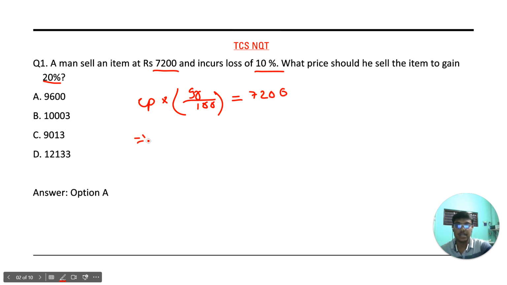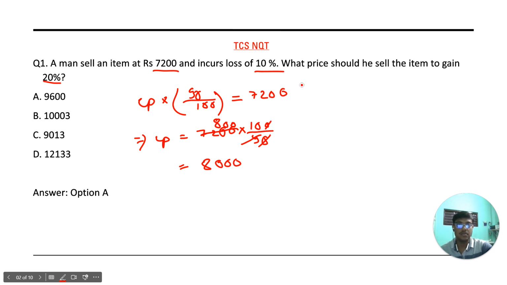So from here we would get the cost price, which comes out to be 7200 into 100 divided by 90, and the zeros cancel. 9 eights are 72. So the cost price comes out to be 8000.